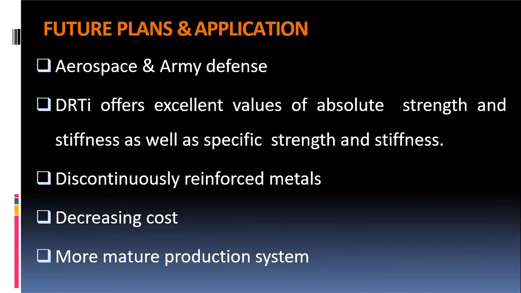Next, future plans and applications. What are the future extensions of these metal matrix composites? They can be used in aerospace and army defense, and offer excellent values of absolute strength and stiffness. So when you need absolute strength and stiffness, you use metal matrix composites.